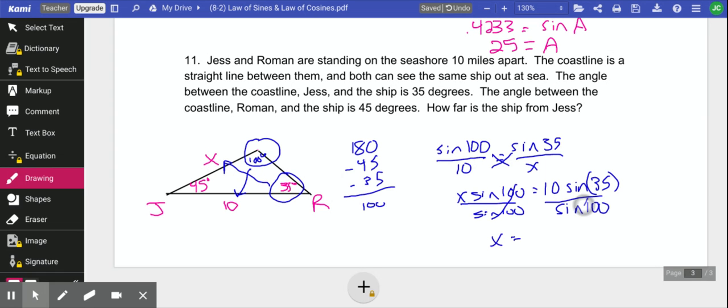Don't forget to close the parentheses that your calculator is going to add in there. So we get 10 sine 35, close, divided by sine of 100, close your parentheses. And the ship is 5.8 miles away from Jess.